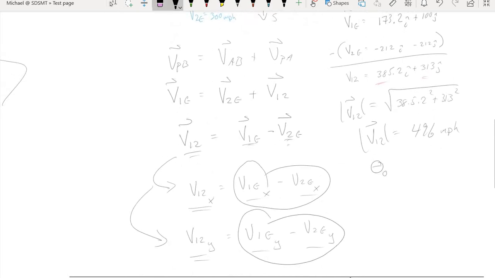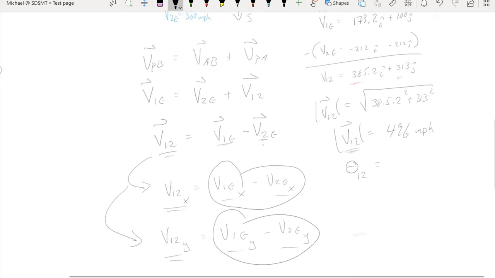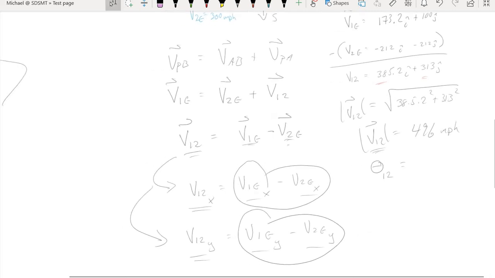And the last thing we might want to try is to find the angle that our relative velocity vector is pointing at. Well, we can do that by using the components of our relative velocity vector.